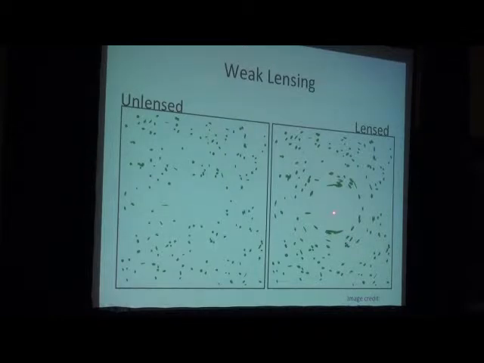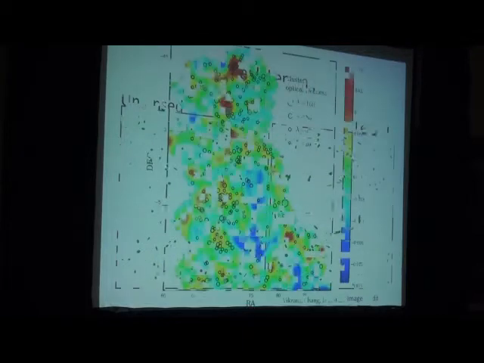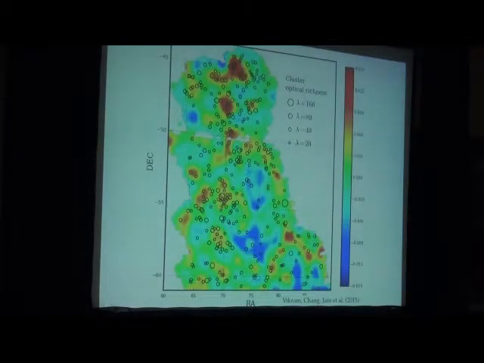But this is highly exaggerated. In a typical line of sight, this lensing shear is just a 1 to 2% change in the shape of the galaxy. Okay? So you need about 100,000 galaxies even to make a convincing detection of lensing by large-scale structure. And typically, we are now in the era where we use millions of galaxies.